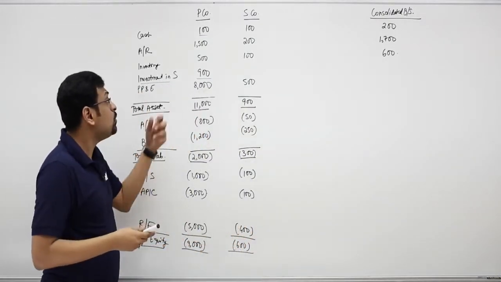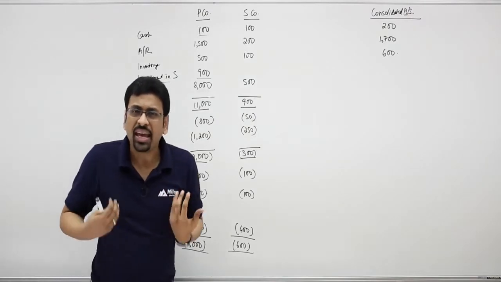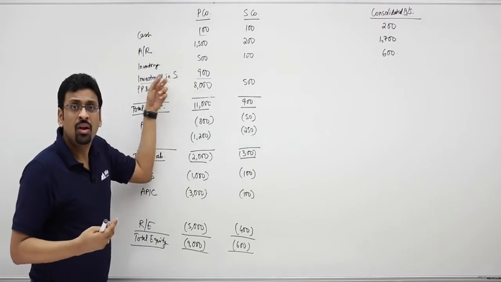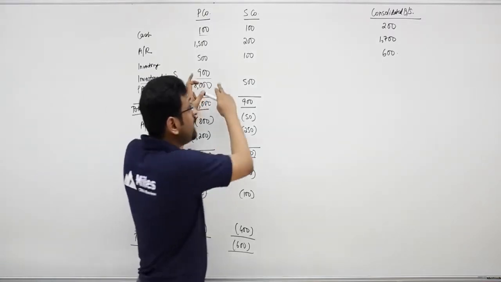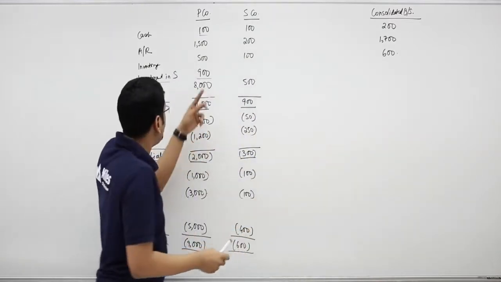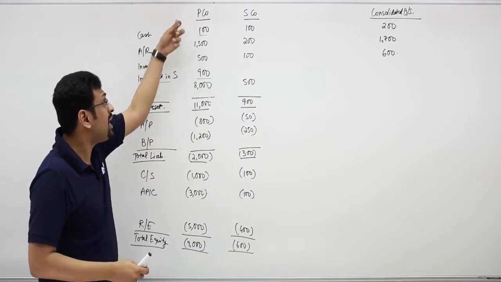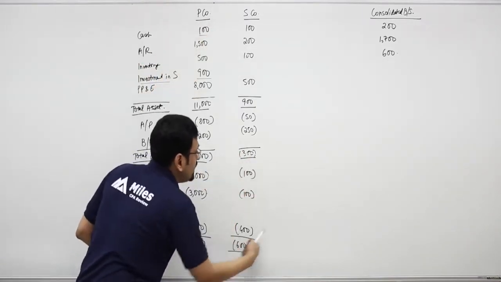Investment. My investment in you. Now you are a part of me. Guys, can I have an investment in myself? Doesn't make sense. So now when we are preparing consolidated financial statements, we don't want this number, because this is an investment which the parent has made in the subsidiary to acquire the subsidiary's stock.